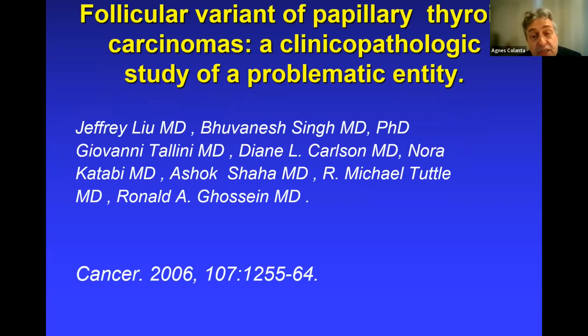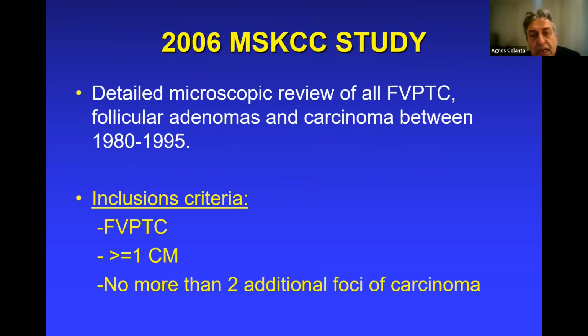That's why I undertook this study with my colleagues at Memorial and my colleague Giovanni Tallini from the University of Bologna. This was some time ago, in 2006, so we're talking about 16 years ago. In our hospital, we looked at a large number of follicular lesions that were called follicular variant, follicular adenoma, and follicular carcinoma between 1980 and 1995.